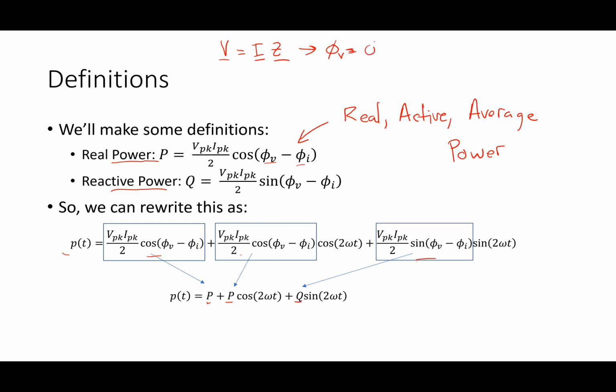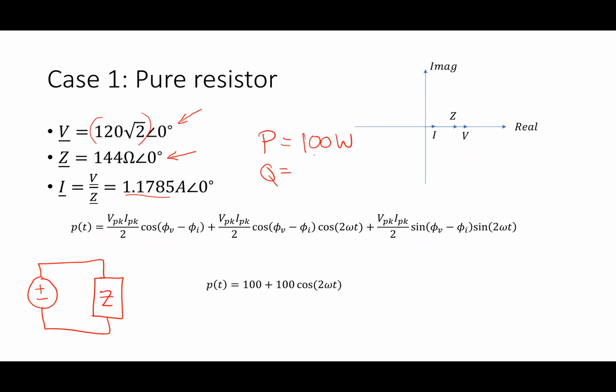The angle of the current plus the angle of the impedance. If I'm talking about a resistor, what's the angle of the impedance? 0. So how much phase shift is there between current and voltage if I have a resistor? 0. So the sine of 0 becomes 0. There is no Q in that case.